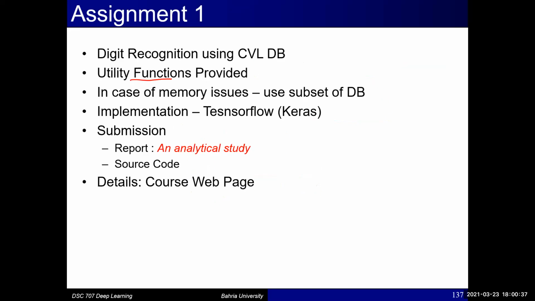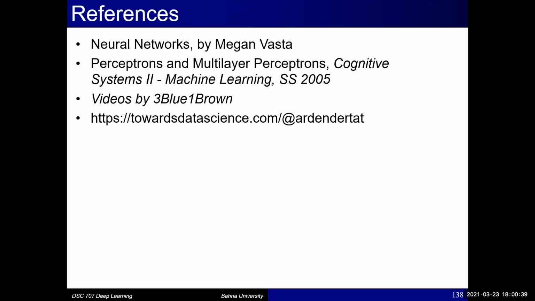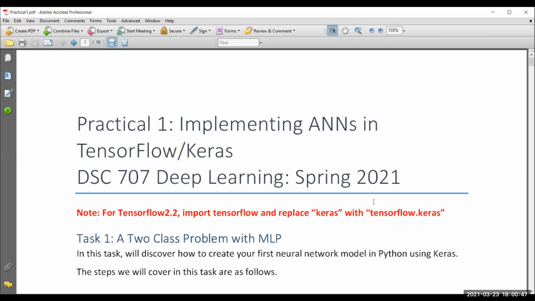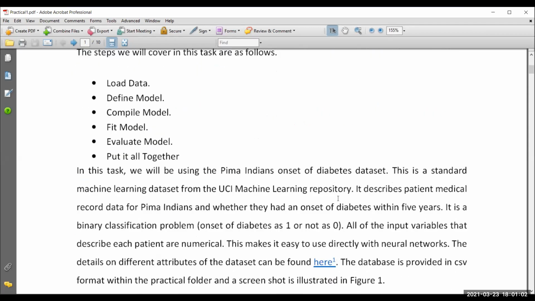Okay, now this concludes our discussion on ANN. But before we move to the next topic, I'd also like to share that on your course web page, I have uploaded, just for your guidance, some practicals. For the time being, only practical number 1 is uploaded, which is a stepwise guide on how you can do the implementation.